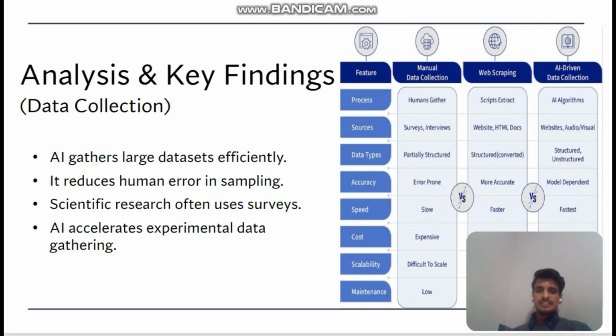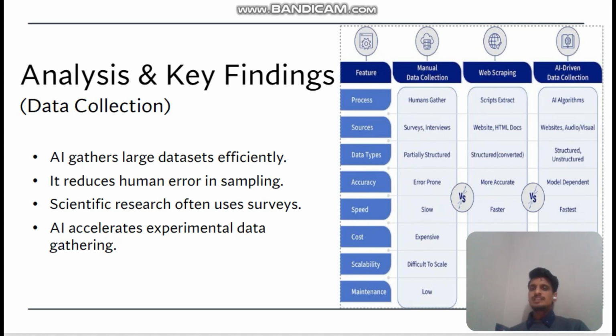AI accelerates experimental data gathering. AI can now collect experimental data for the doctors, for the chemists. The AI can do faster work on lab data and experimental data automatically.